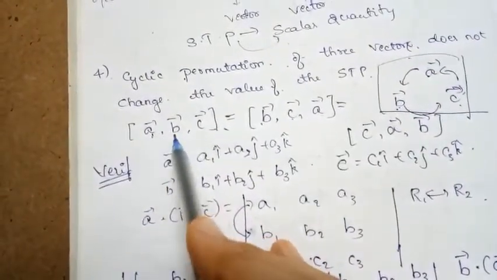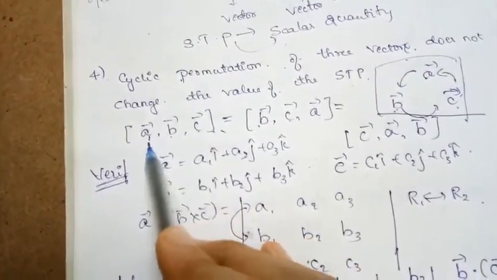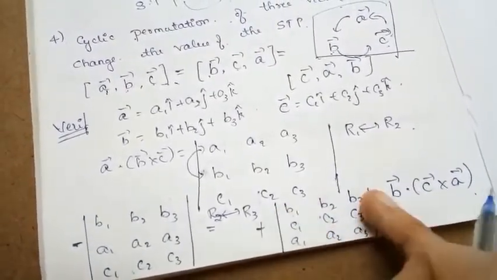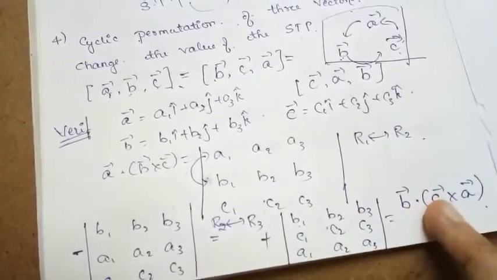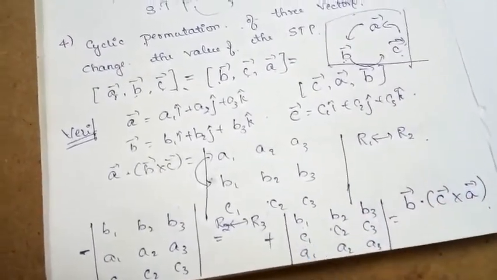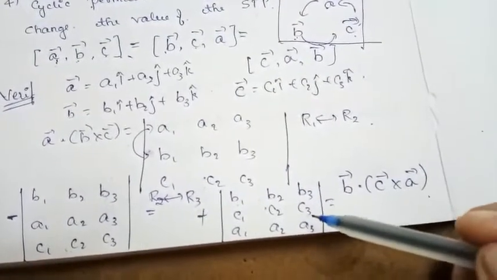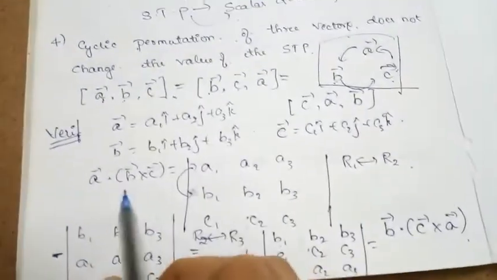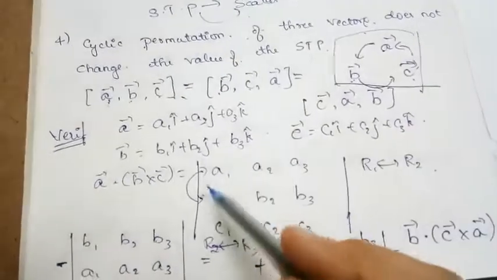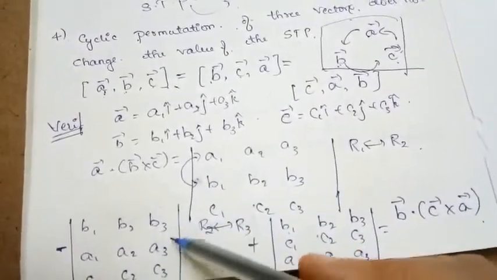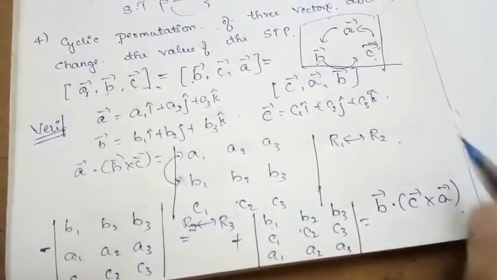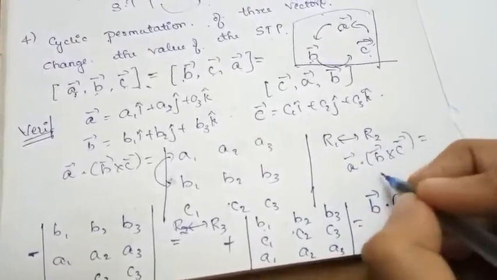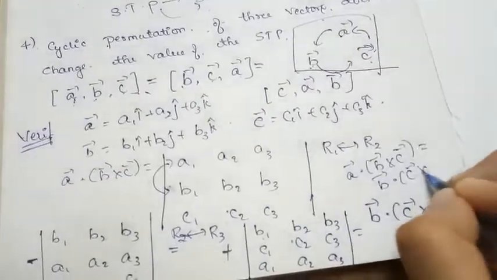If I write vector A, vector B, vector C, then it means vector A dot vector B cross C. Here the first row is the components of vector B. So it is vector B dot vector C cross vector A. So I started with vector A dot vector B cross C. Upon interchanging two times with the rows, we get vector B dot C cross A. So I can say vector A dot vector B cross vector C is equal to vector B dot vector C cross A.